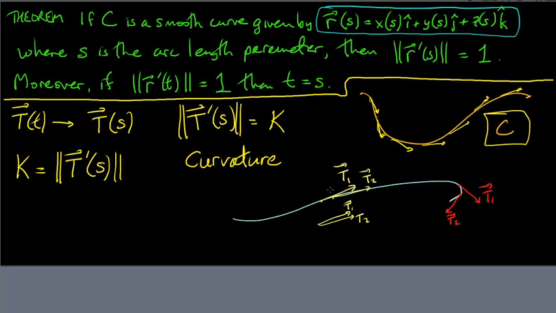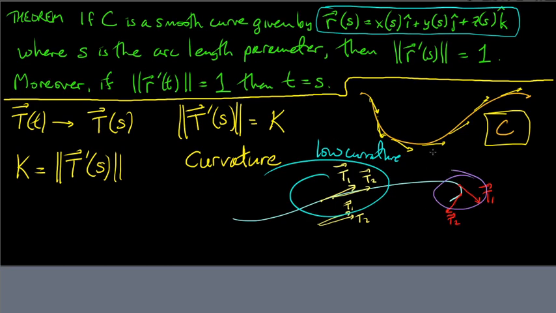Over here, with these T1 and T2, it's not curving very much. It's almost pretty straight, so that would be a very low curvature here. So this is a low curvature, but then over here, where the unit tangent vector is changing direction significantly, this would be a high curvature.